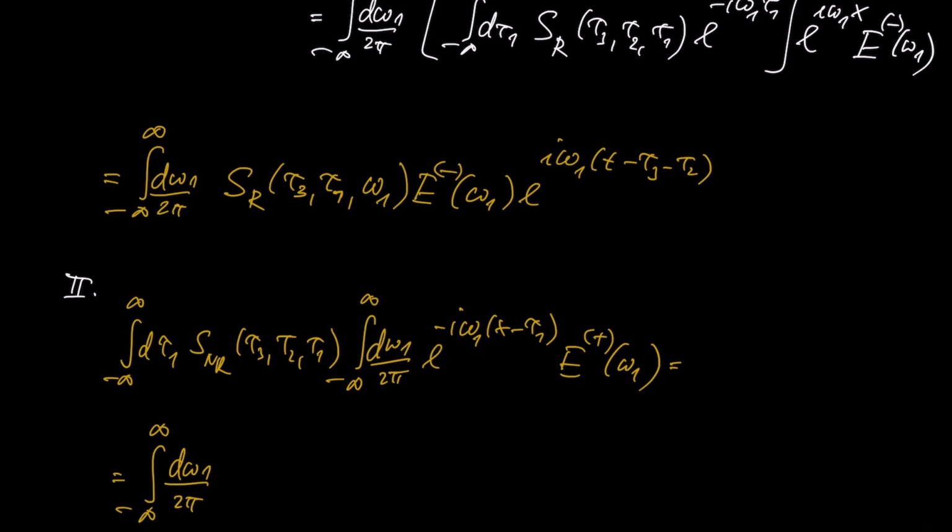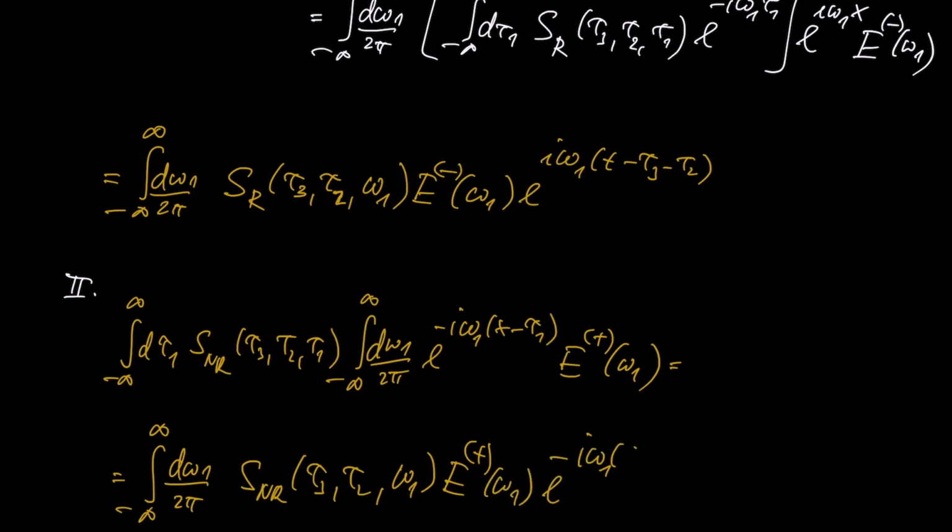Again, an integral over omega 1, with S_NR(tau 3, tau 2, omega 1), E plus omega 1, and e to the power of minus i omega 1 (t minus tau 3 minus tau 2).